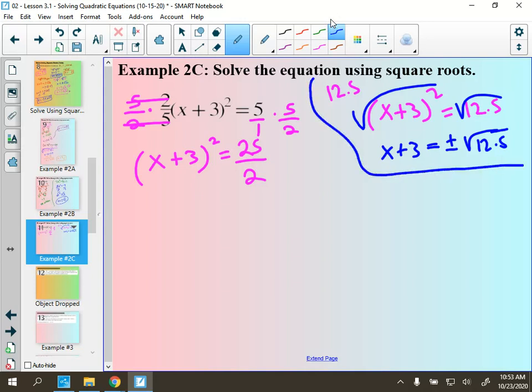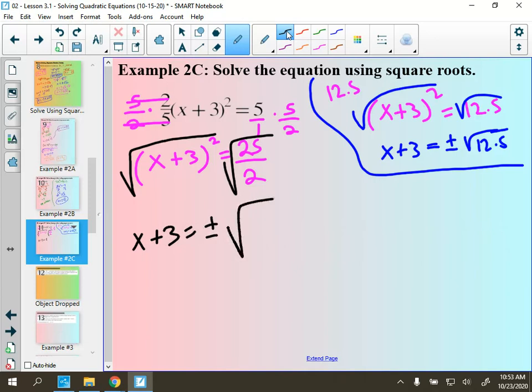I think if I'm doing it that way, 25 over 2 has the exact same value as 12.5, but at least on this one, based on what we went over, when I go to square root both sides here, left side is definitely x plus 3. And I'm doing my plus minus so I don't forget it, but we've dealt with stuff like this today already, or in these notes. So I can fix this right side. It's almost like a separate problem.